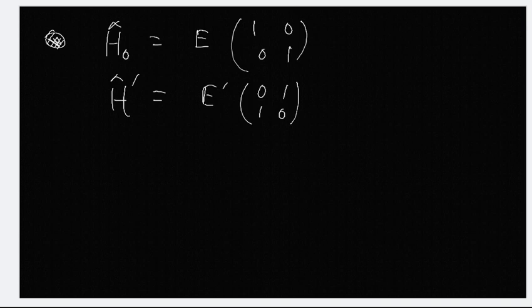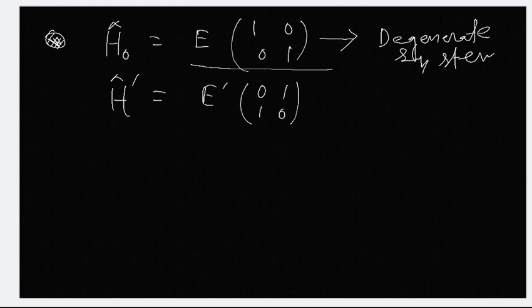So literally, if you observe the unperturbed Hamiltonian carefully, you will definitely see it's a degenerate system. Okay. Why degenerate?